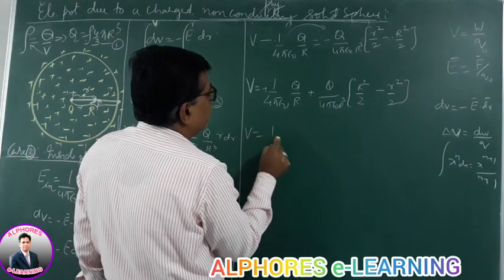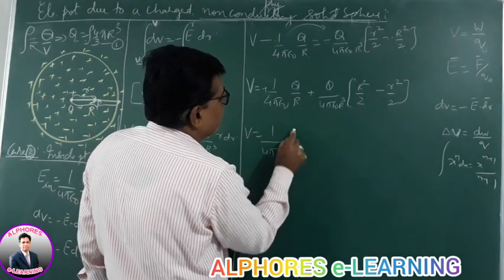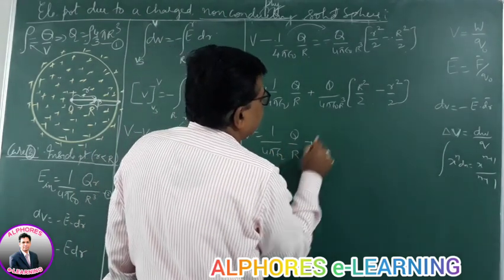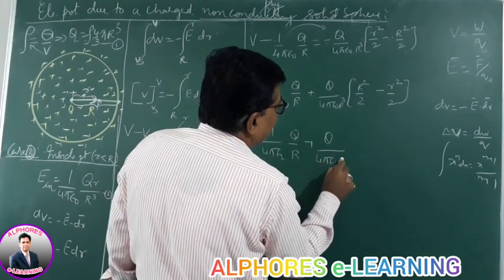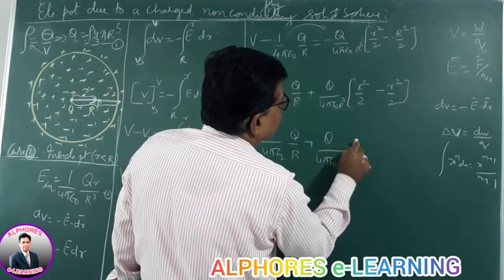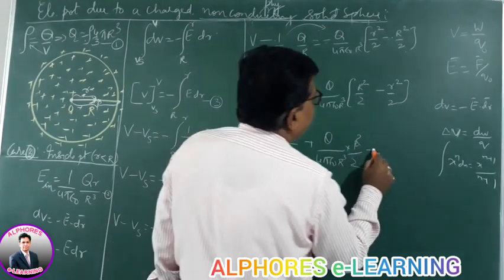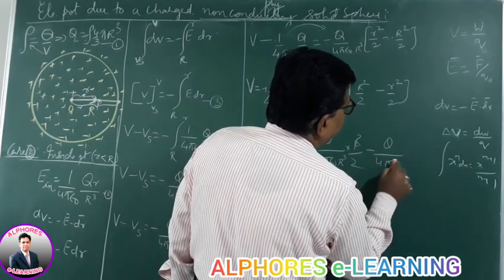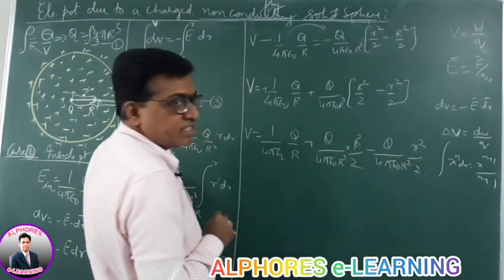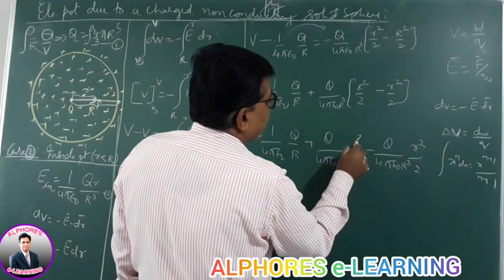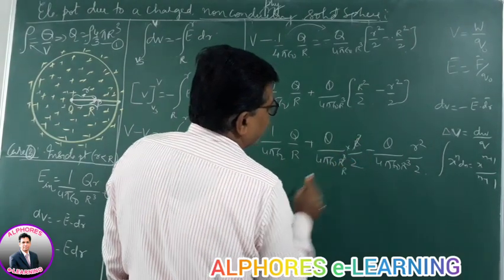V equal to 1 by 4 pi epsilon naught q by r plus, multiplying this, q by 4 pi epsilon naught r cube into r square by 2 minus q by 4 pi epsilon naught r cube into r square by 2 it is. So therefore r square, r cube, r cancel, you get here.